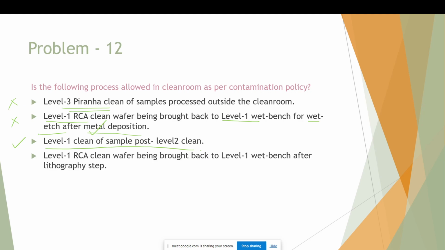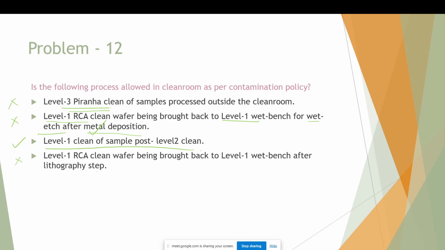Right. So level 1 RCA clean wafer being brought back to level 1 wet bench after lithography. So here you're not putting any metal. You just did a lithography step, and now you're bringing it back. No, because we have still put photoresist on top of it, right? So we cannot bring it.